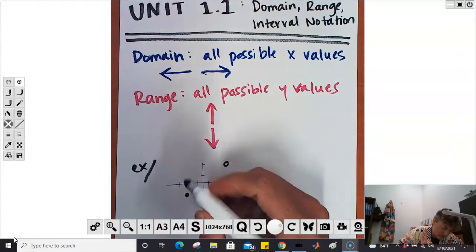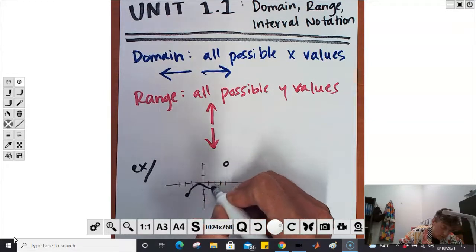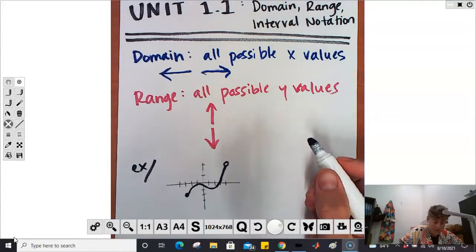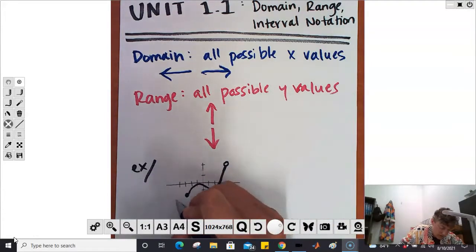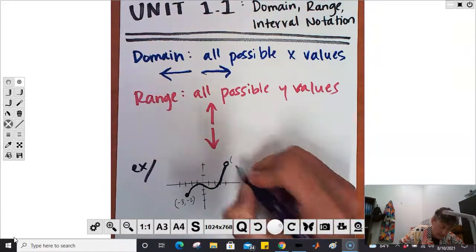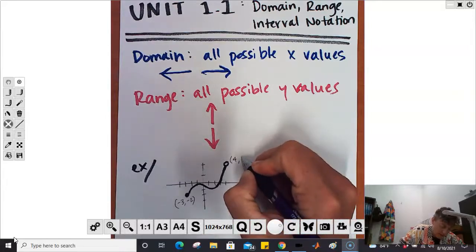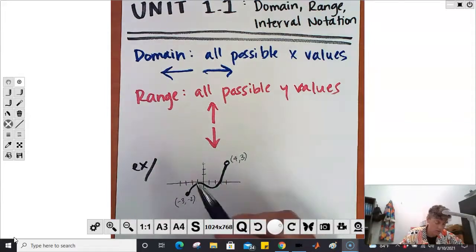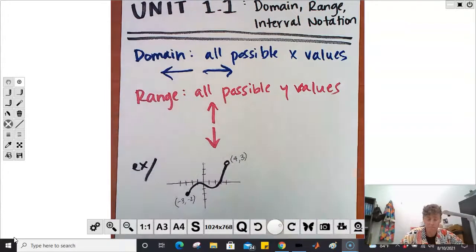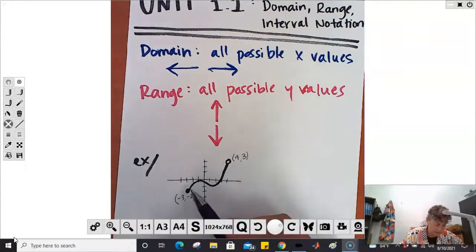And we'll do a squiggly line because it totally doesn't matter. And just so we have this labeled, this was at -3, -2. That's where that point was, right? And this point here was at 4, 3.